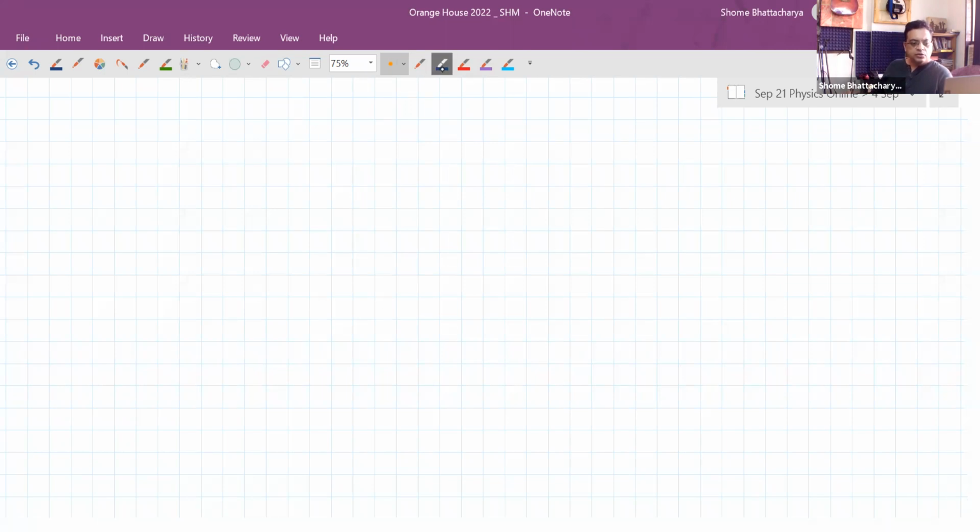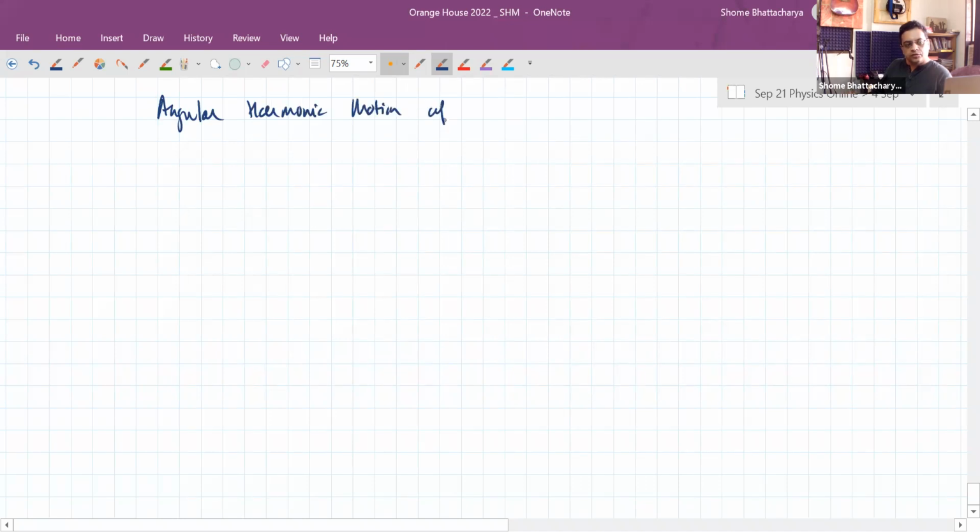Okay. Now we move on to the last part of SHM, which is what we call angular harmonic motion of a pendulum.